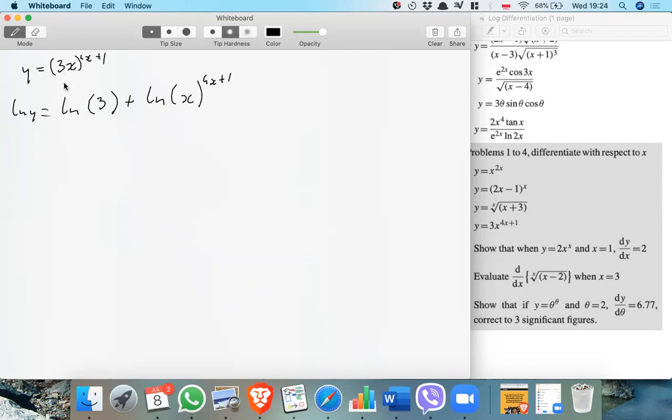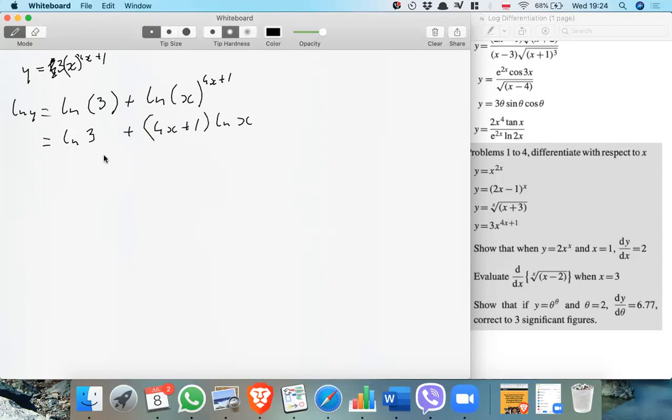The power doesn't apply to 3x, so that bracket is not necessary, the bracket is around x. Simplifying it a little bit further, we end up with ln of 3 plus 4x plus 1 times ln x.